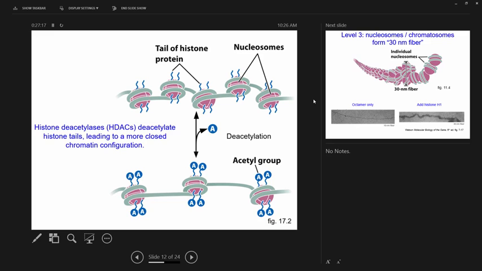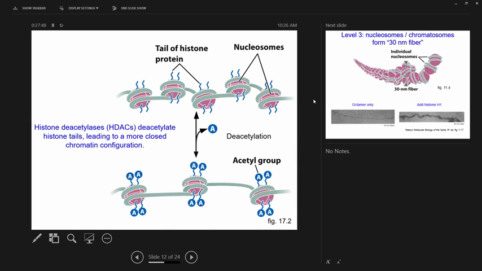As we'll see in chapter, I think 16, the eukaryotic transcription regulation chapter, there are also other modifications that can be put on these N-terminal tails that form a more specific code. So globally, adding acetyl groups to make them less positively charged, or removing the acetyl groups to make them more positively charged, is sort of like the big sledgehammer.